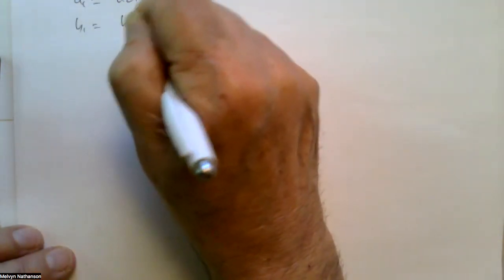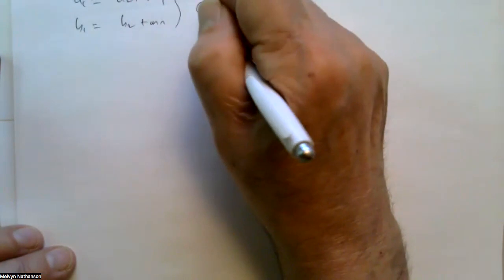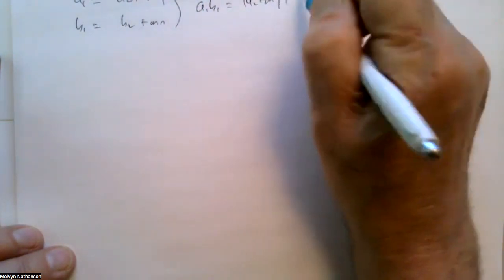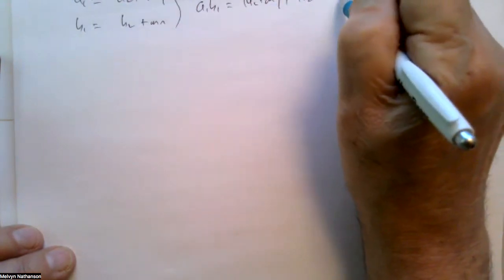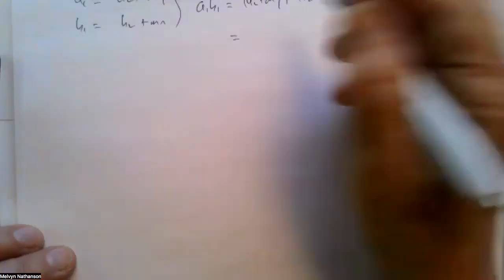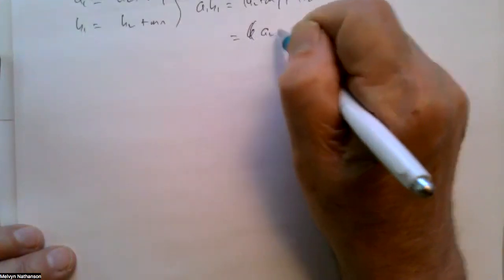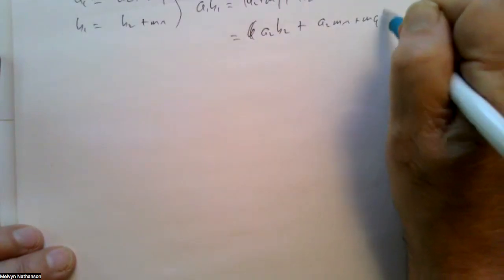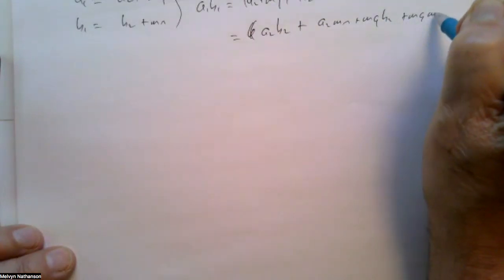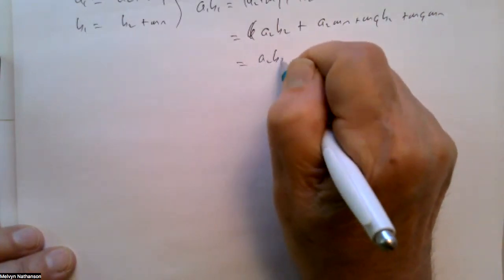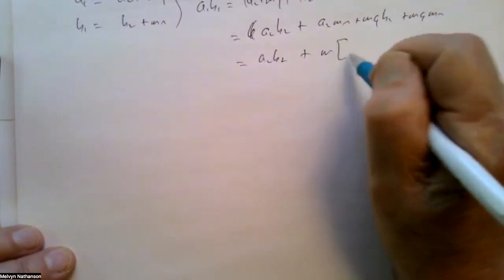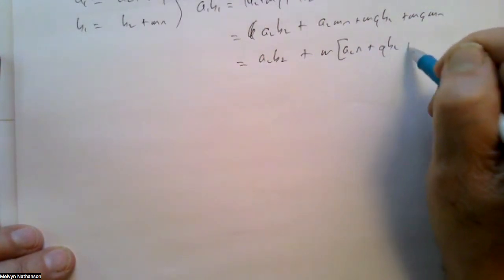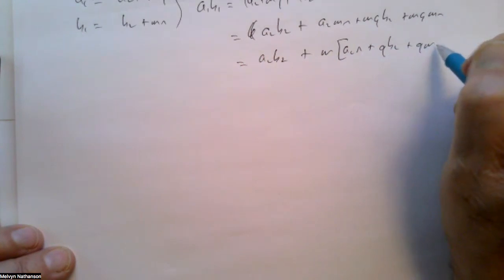B1 is B2 plus MR. If I multiply A1 times B1, that's A2 plus MQ times B2 plus MR. If I just expand all this, this is A2 B2 plus A2 MR plus MQ B2 plus MQ MR. This is just A2 B2 plus, factor out an M, A2R plus QB2 plus QMR.